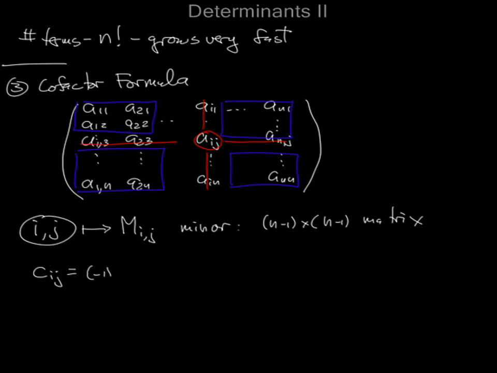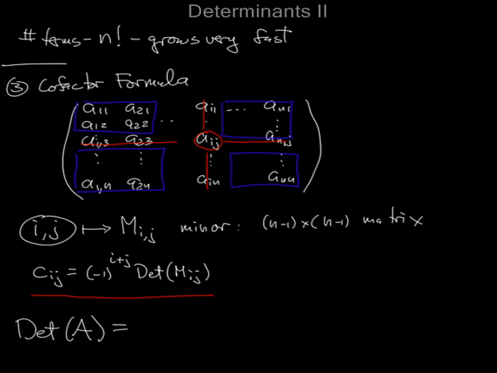And the ijth cofactor is defined to be the determinant of this matrix with this sign out front, which is (-1)^(i+j). And then the cofactor formula says that the determinant is the sum of these cofactors.